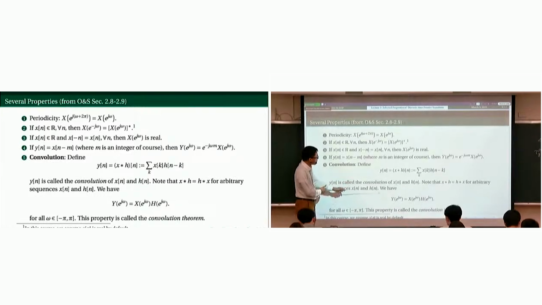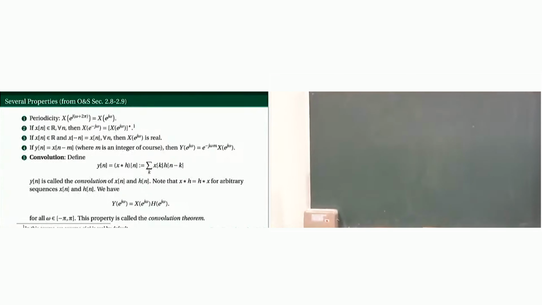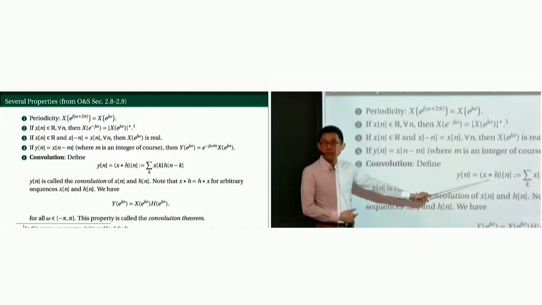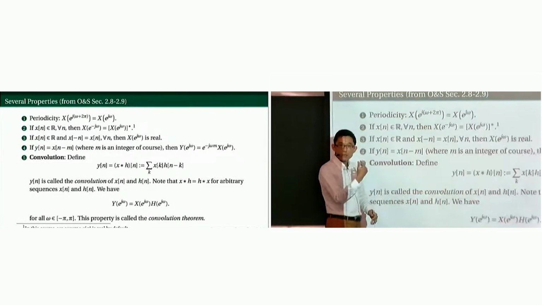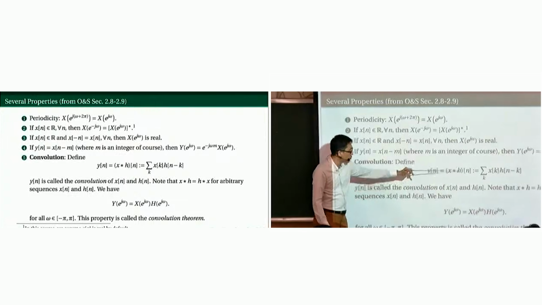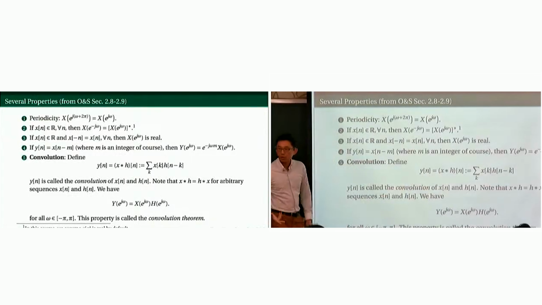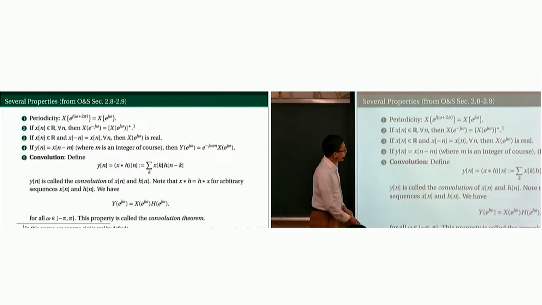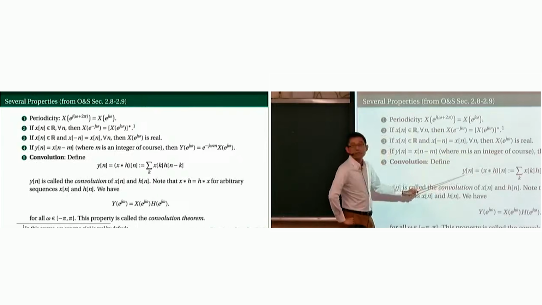I want to emphasize that x is a signal, h is a signal, and the convolution as a result is also a signal. You might not find it in the textbook, but this is why I use this notation.